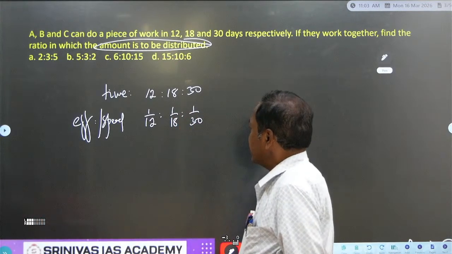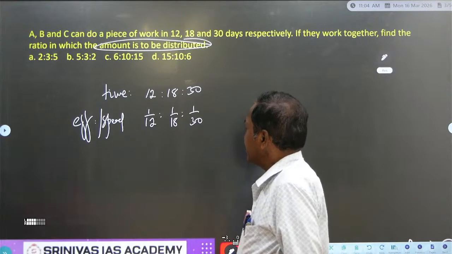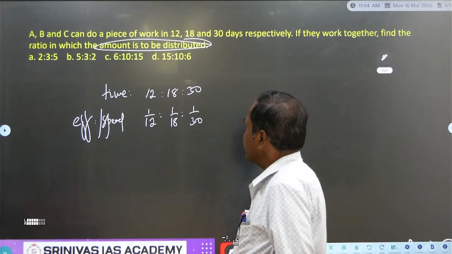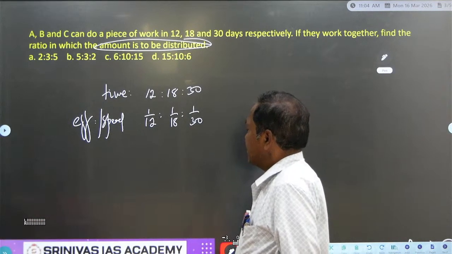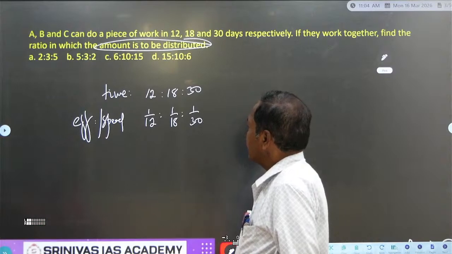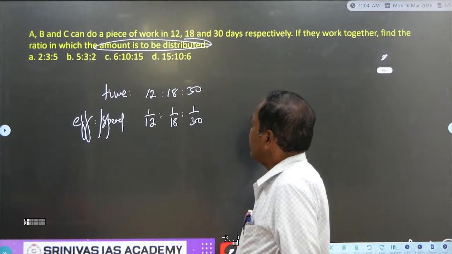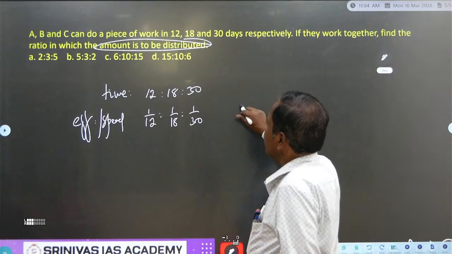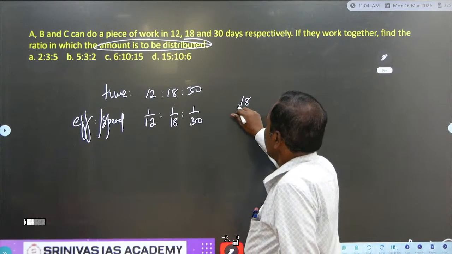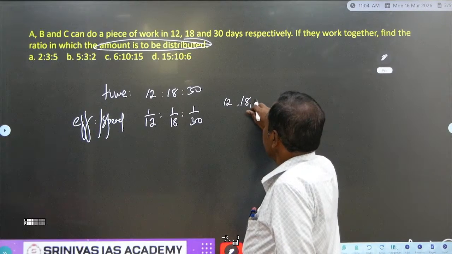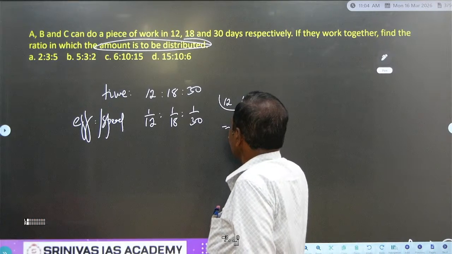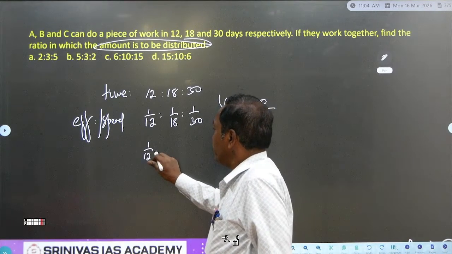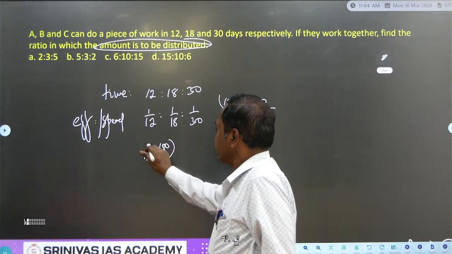The highest number is 30; 60, 90? No. 120, 150? What is the LCM of 12, 18, 30? 180. LCM is 180. Each fraction should be multiplied by the LCM.